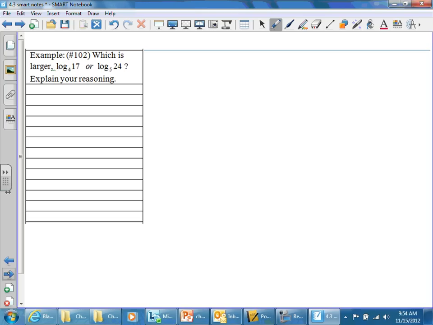All right, one more. This one's kind of fun. Which is larger, log base 4 of 17 or log base 5 of 24? You can think, oh no, I don't have a calculator that does log base 4 or 5. So we get to use our brains. So log base 4 of 17, let's let it equal x. I'm going to switch it to something that I can see a little bit easier.